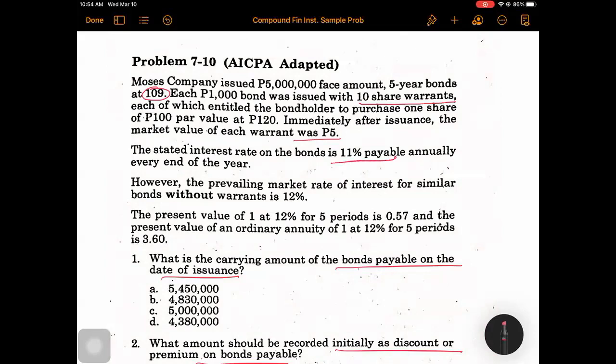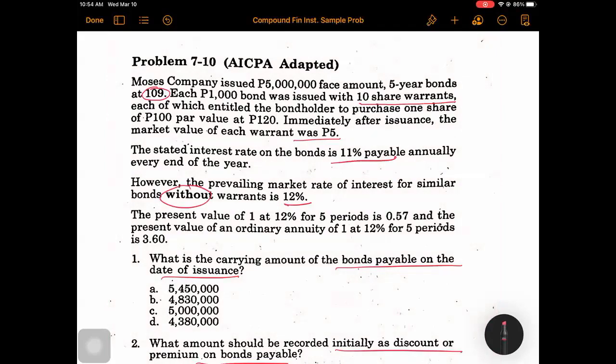That is your nominal rate, di ba? However, the prevailing market rate of interest for similar bonds without warrants is 12%. So, 12% is your effective rate, di ba?